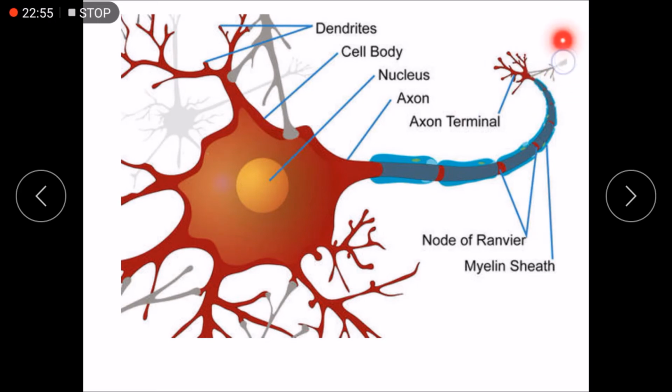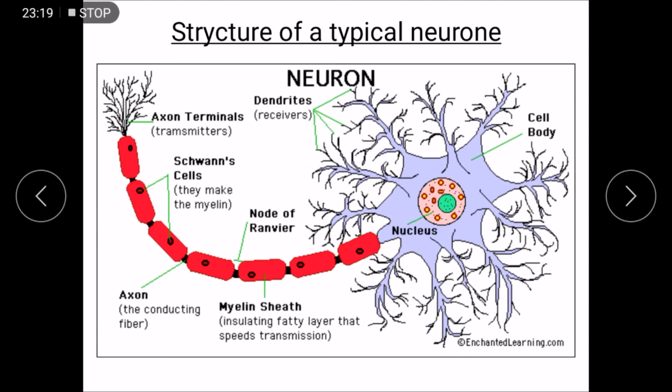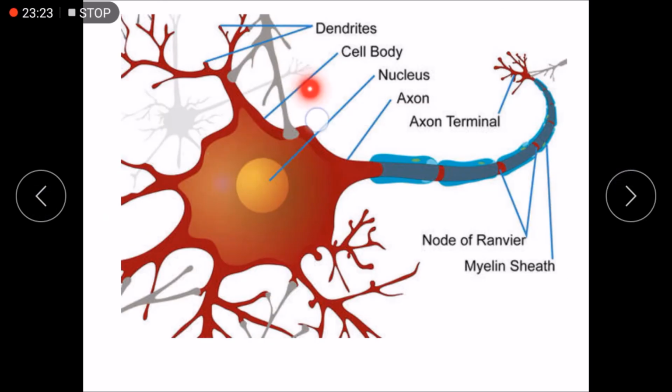So the efferent neuron will join with this part where the message is sent from here to here, from the cell body to here. So this is the interneuron, then this part is the effector.